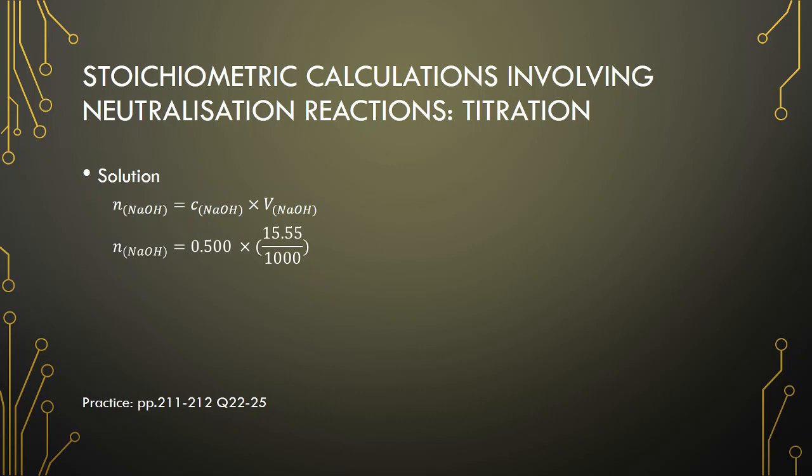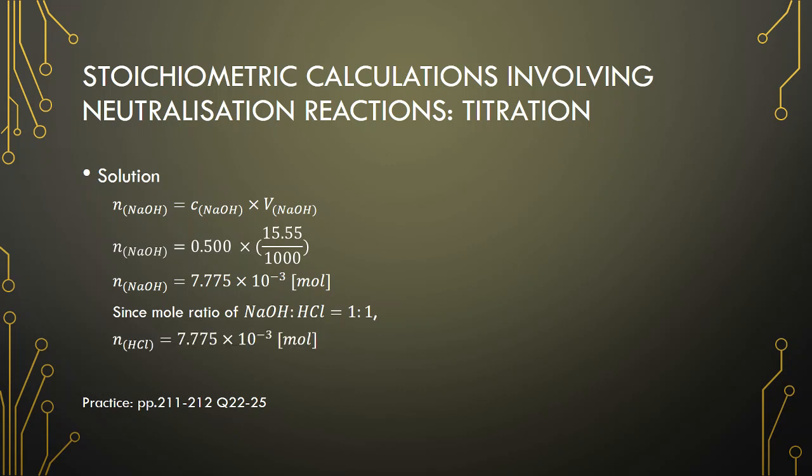You need to divide that by 1,000 to make it into liters. So you can find that the number of moles is 7.775 times 10 to the power of -3 moles. Since we know the mole ratio of NaOH to HCl is 1:1 from the equation, that means the number of moles of HCl would also equal 7.775 times 10 to the power of -3. Same number.